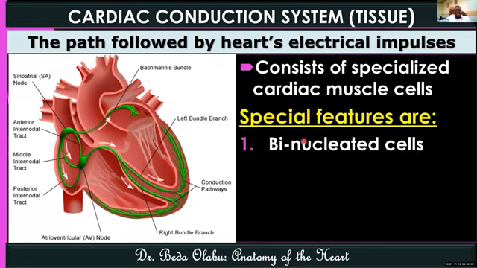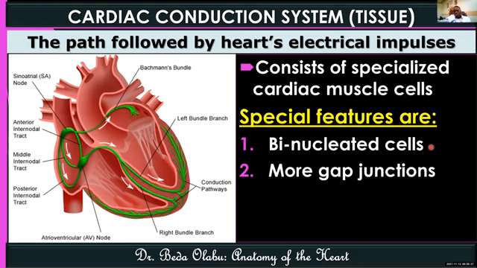One of them is that these are the ones that tend to be binucleated, actually, while the others are usually mononucleated. These are the ones that have several gap junctions within the intercalated discs. They have more gap junctions than the rest, and it makes sense. They're supposed to be conducting impulses anyway.